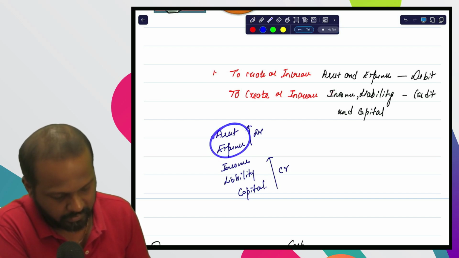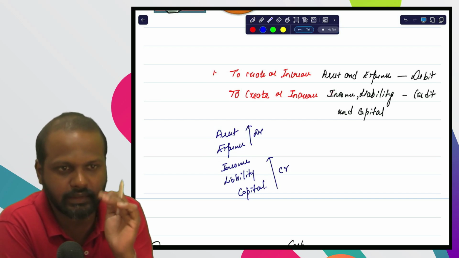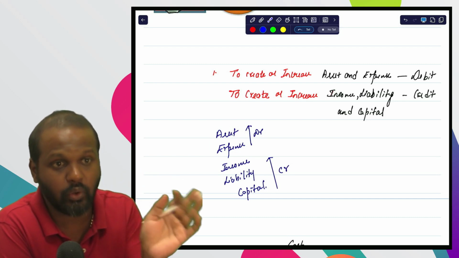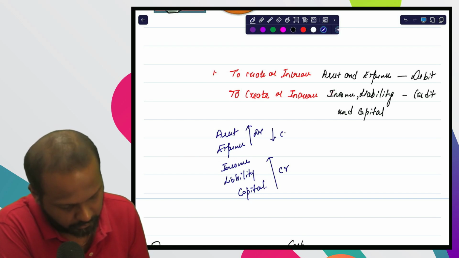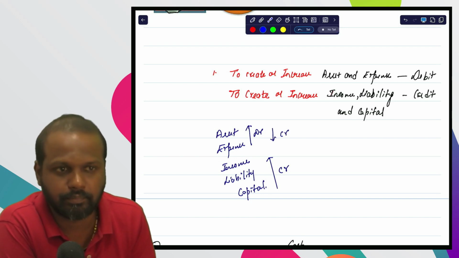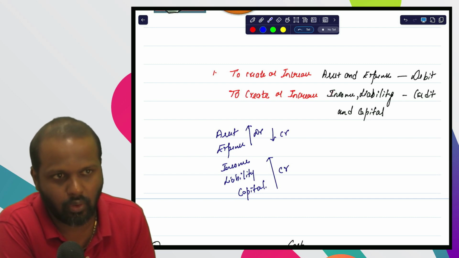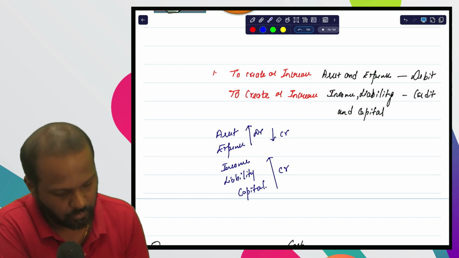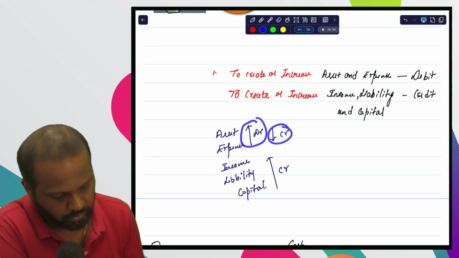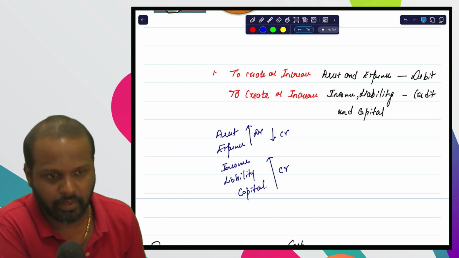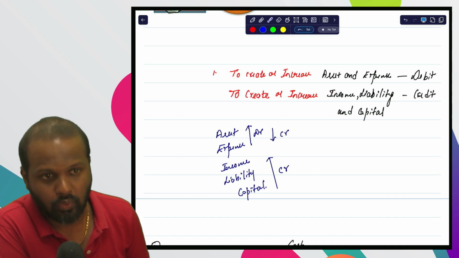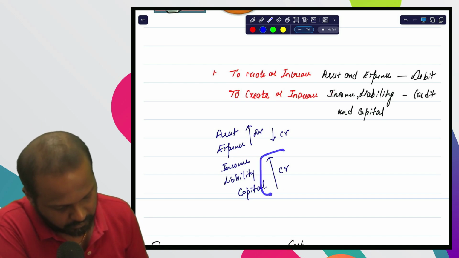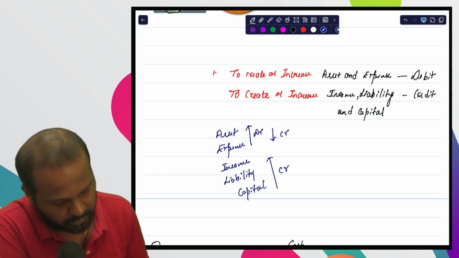So for asset and expense, if it increases, we do debit. If it decreases, then we do credit, the reverse of what we have done earlier. Next, income, liability, and capital: if they increase, we do credit, but if they decrease, we do debit.